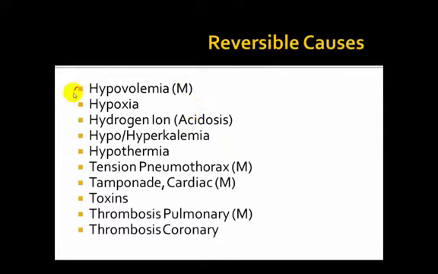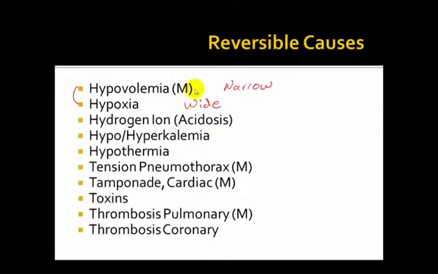The difference between these two in the PEA case is that hypovolemia, if seen very early, would give you a narrow complex, and hypoxia would give you a wide complex PEA. We're going to run both scenarios in this scenario set.